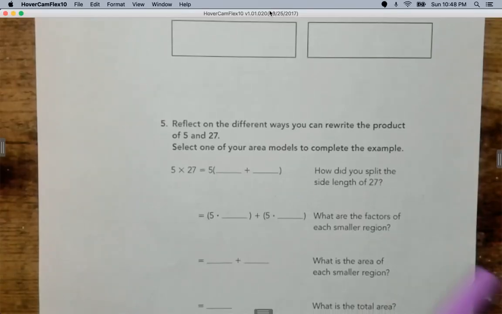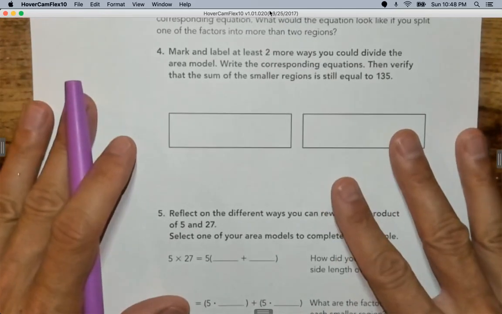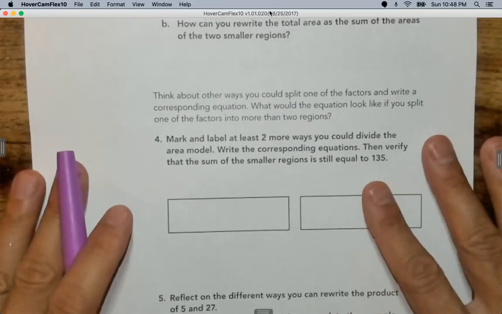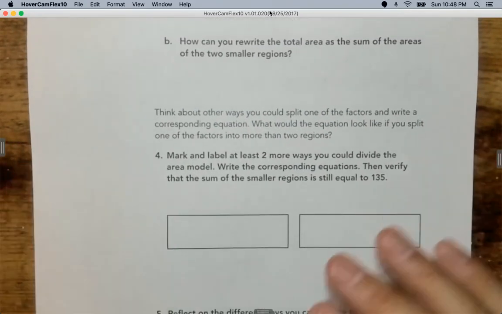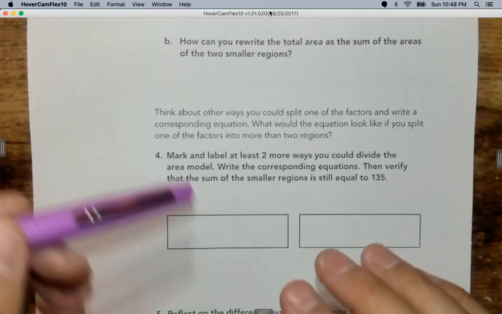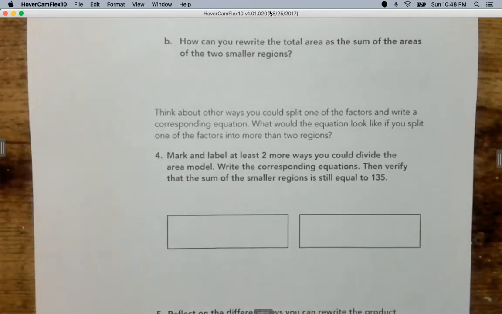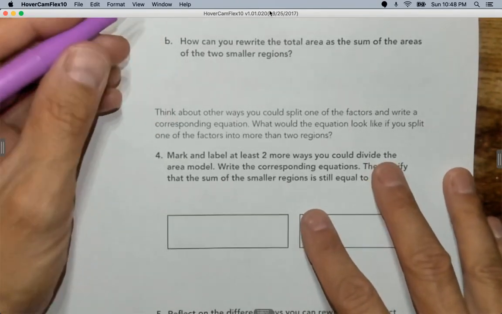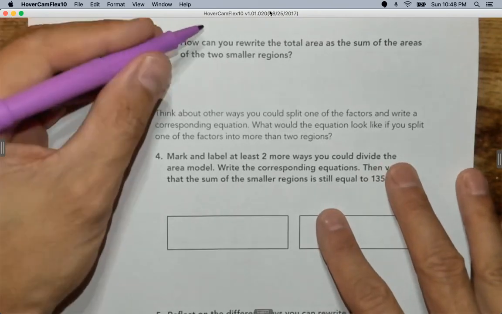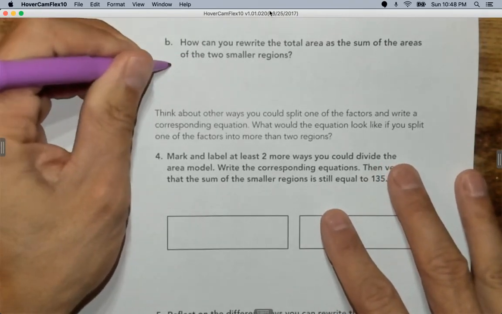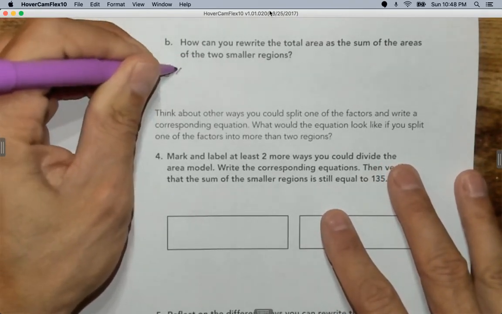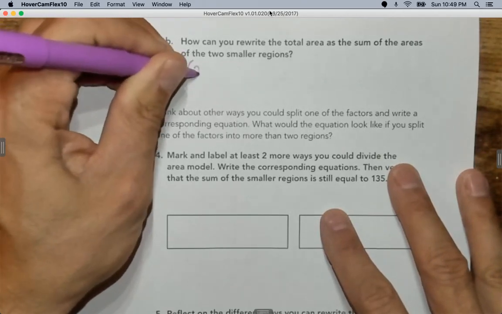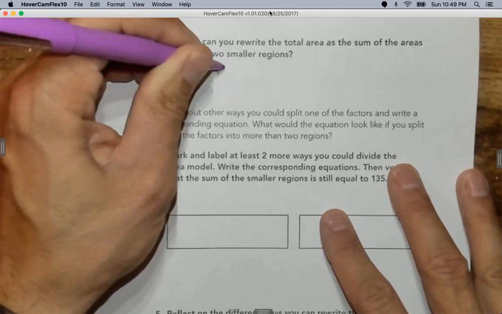All right, so now we're continuing with that example. And so the first thing they ask, and notice how it's a B, so that's a continuation from the last question that they asked you. How can you rewrite the total area as the sum of the areas of the two smaller regions? Well, on the last page, we had 5 times 20 plus 7.